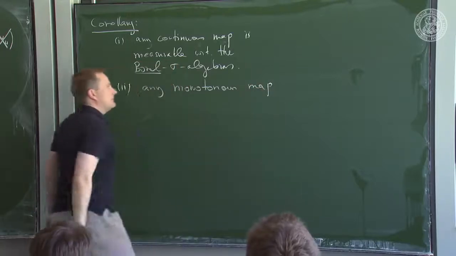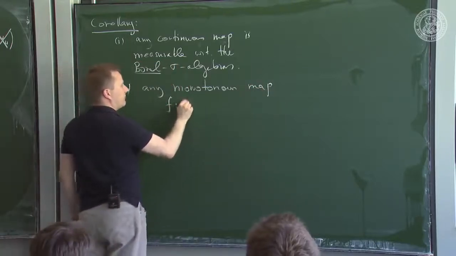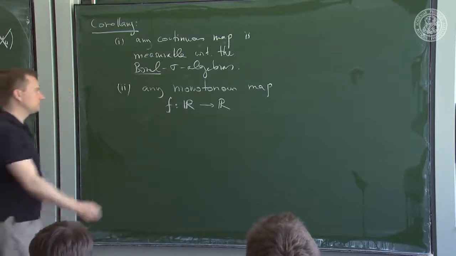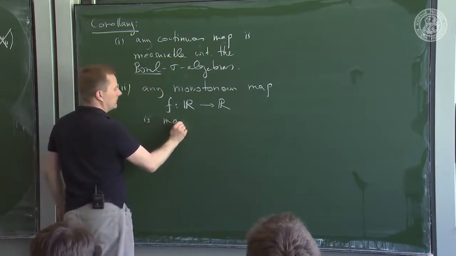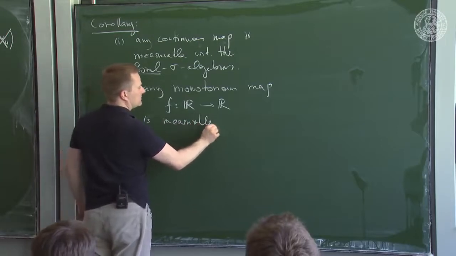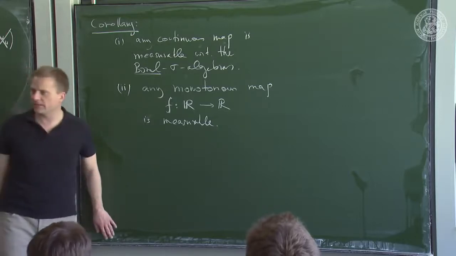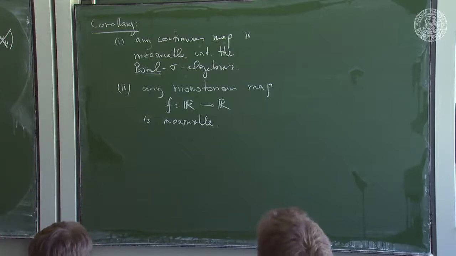Any monotonous map, say F from R to R, is measurable. Well, that's more interesting because it can be monotonous, but it could have many places where it jumps, where it's non-continuous, right? And, well, why is this?